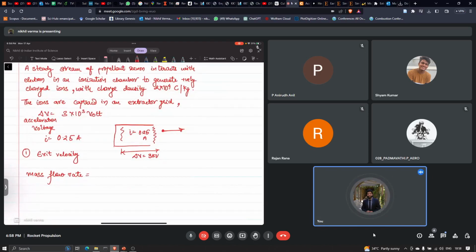So the mass flow rate is given as the current divided by the charge density.